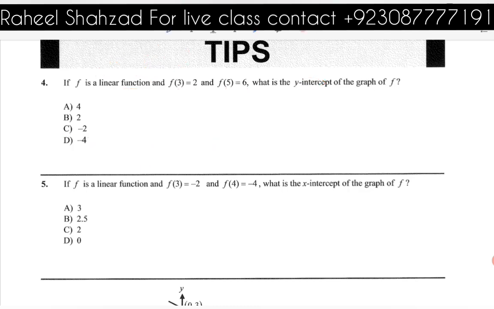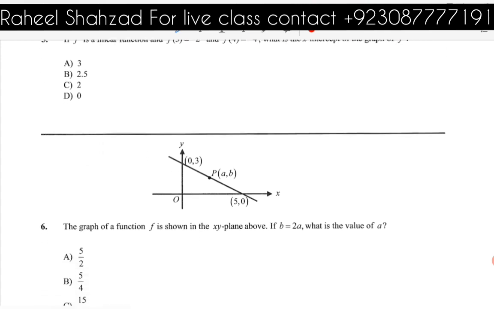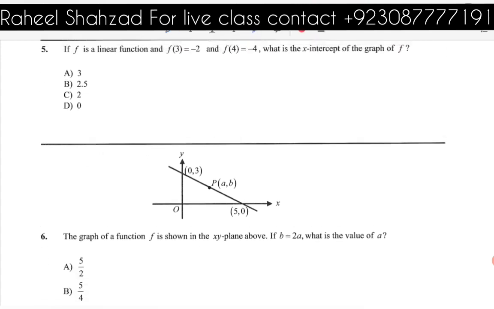Okay. Similarly, in question number 5 we have f is a linear function. Again, same story. x is 3, y is minus 2. So let's suppose this be A, it's (3, minus 2). Again, this is point B, that be (4, minus 4). What is the x-intercept? Now, the x-intercept is the point where any line cuts the x-axis. So let's say point C is (x, 0). And if it is a linear function, it is representing a straight line.